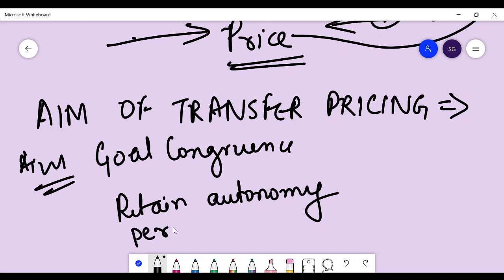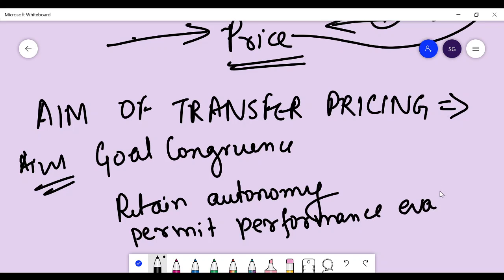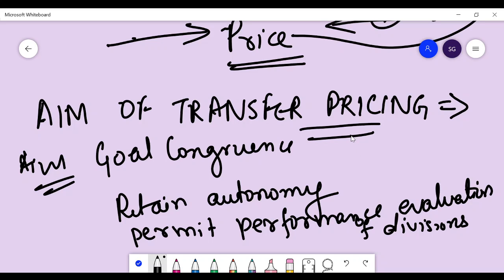Third, permit performance evaluation of divisions, preventing unfair impact on performance measures of either division. Hence, transfer price is equal to cost price or market price.